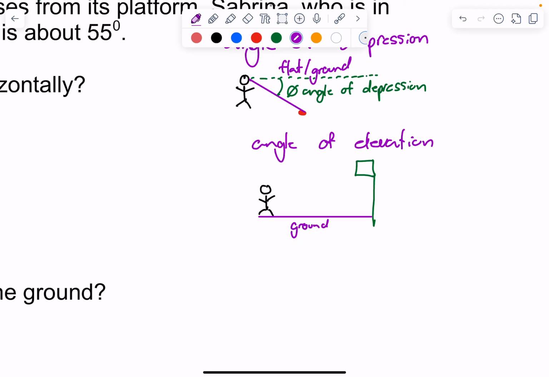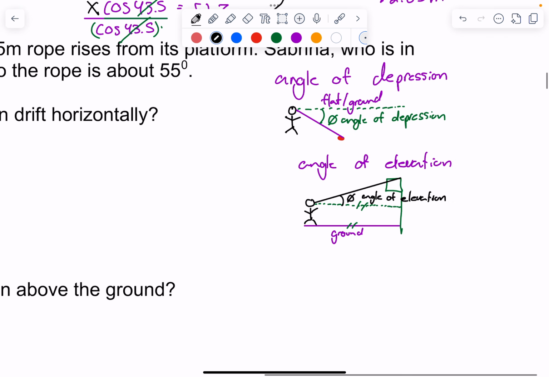If you were just looking straight ahead, your sight is parallel to the ground. What would you have to tilt your neck up by to see the top of the flagpole? This theta right here would be the angle of elevation. So that's the two: angle of depression and angle of elevation.